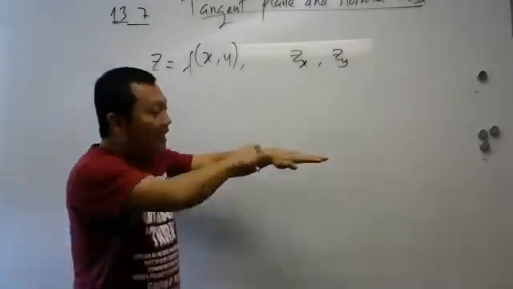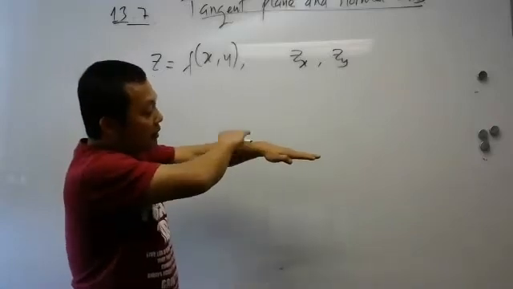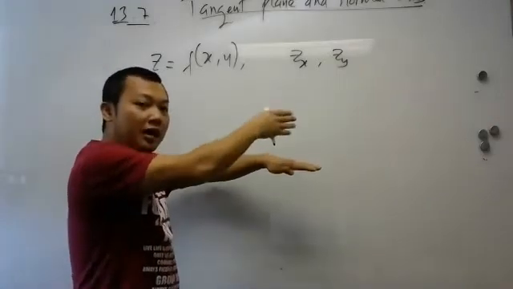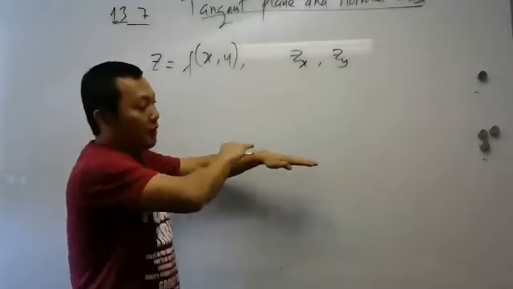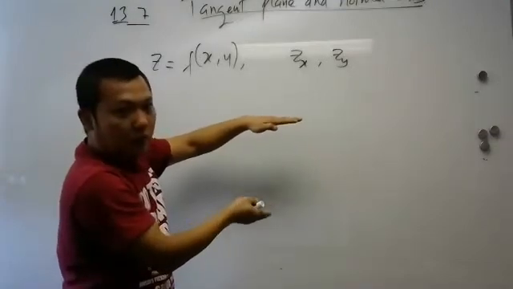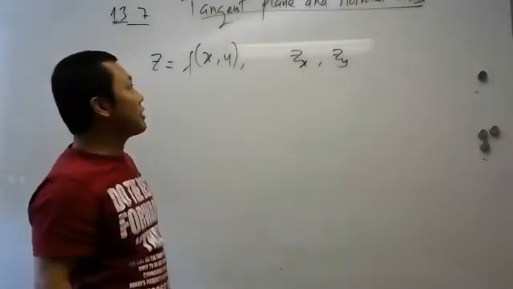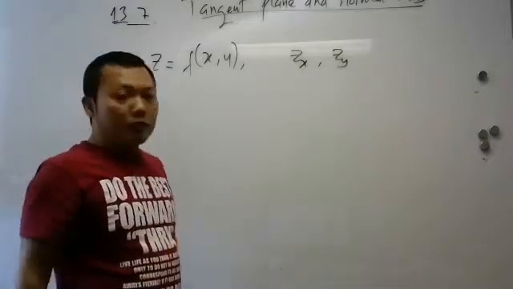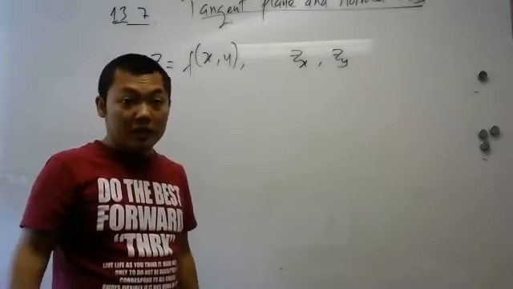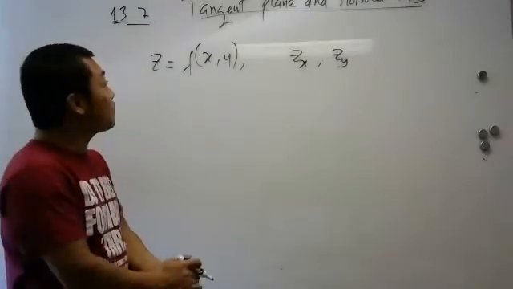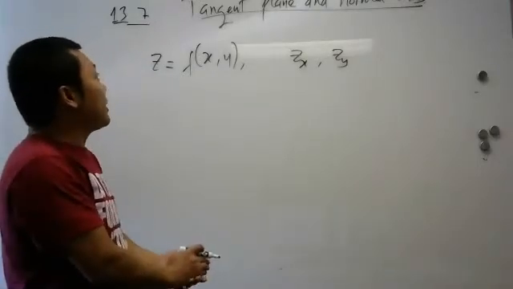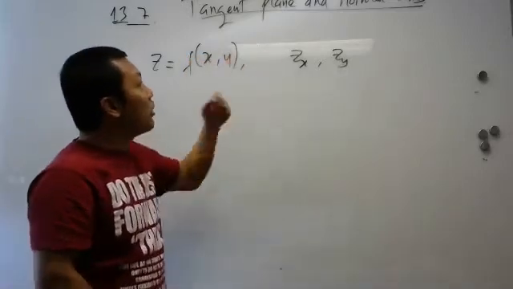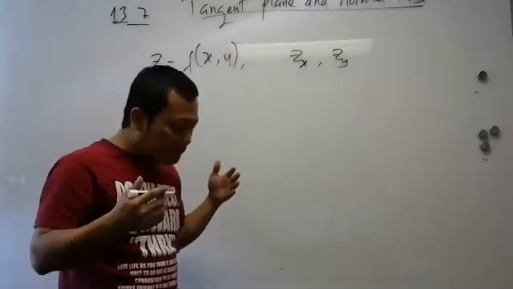So in that situation, that point would be the highest point locally, or maybe the lowest point locally. So that's why we are interested in partial derivatives, to find our critical points and to solve our optimization problems. Okay. But today, let's talk about tangent plane and normal line.